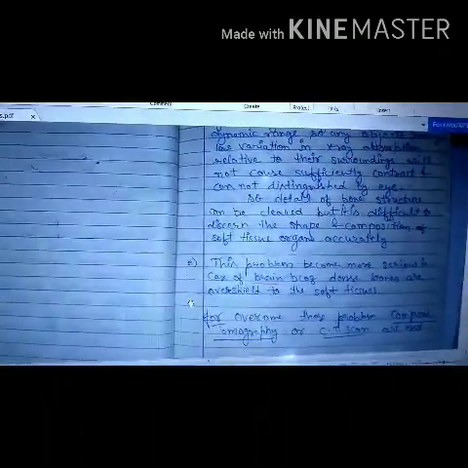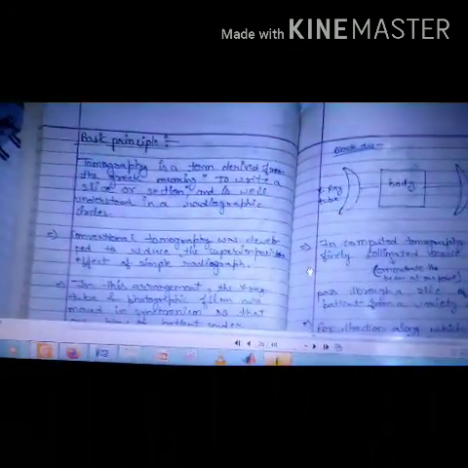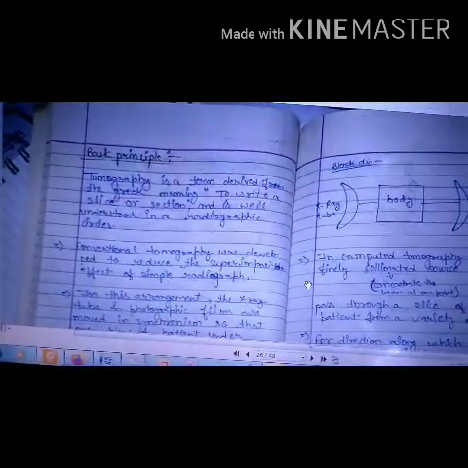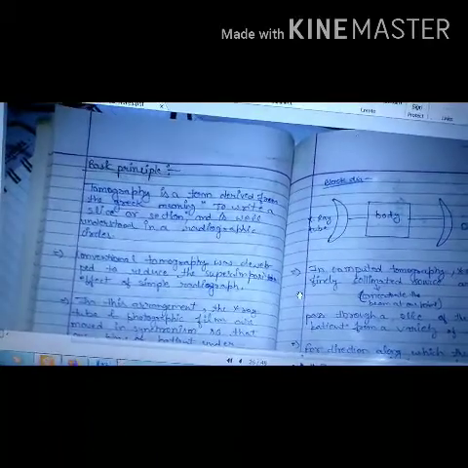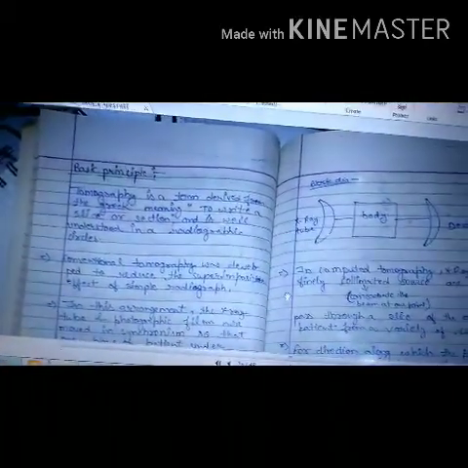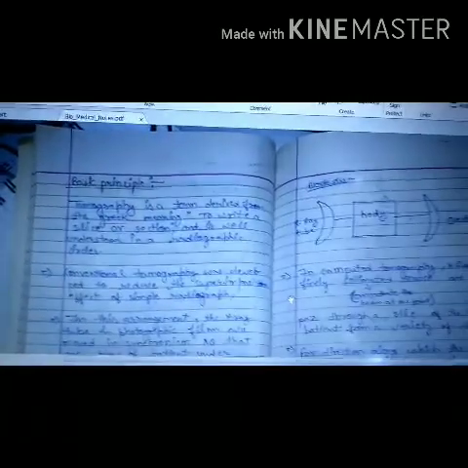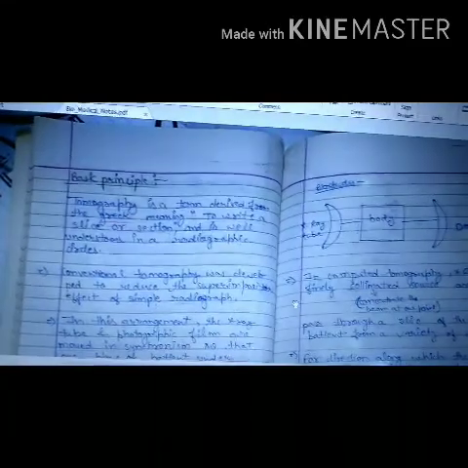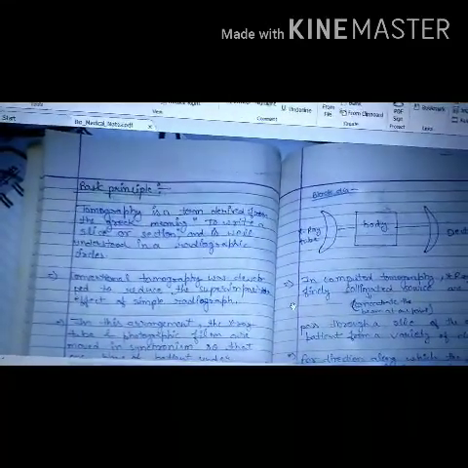The word tomography comes from Greek, and it means to write on a slice or a section. So the radiography carried out through CT scan focuses on a particular organ, and even on a particular slice of that organ.